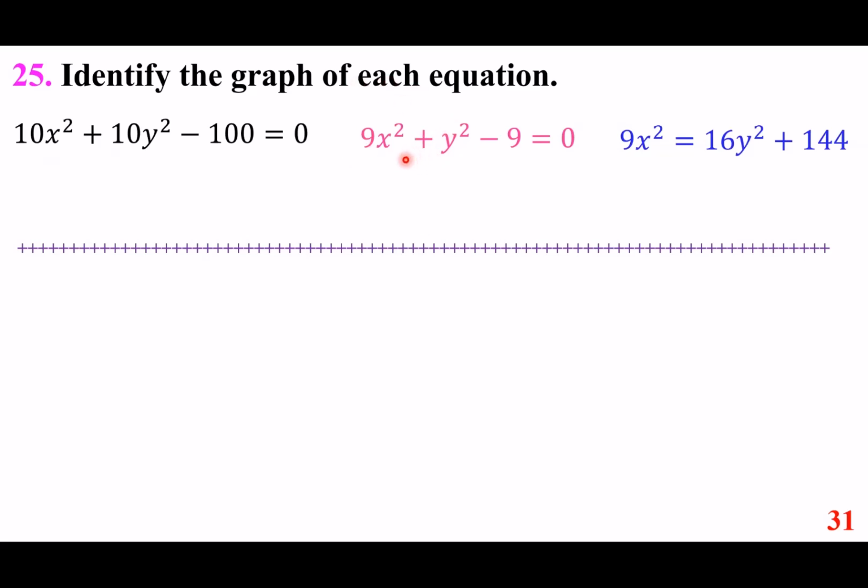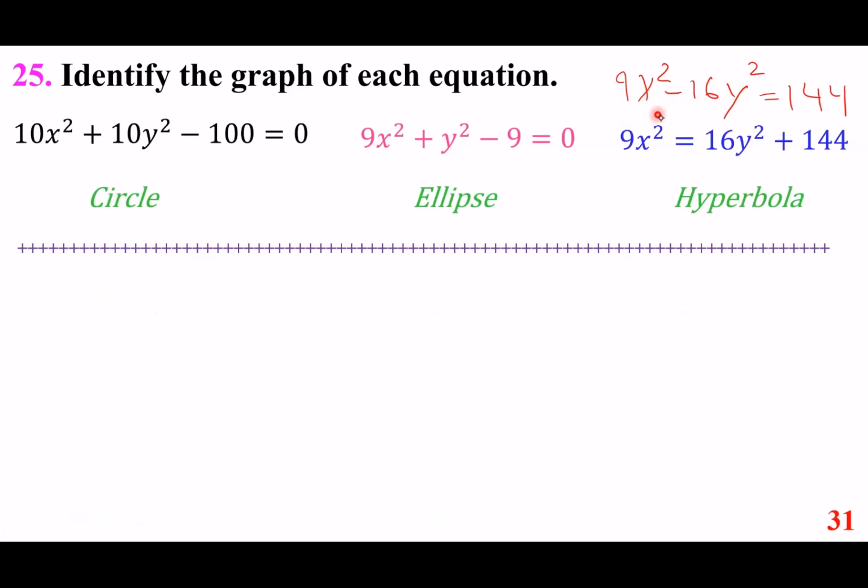Both of them are positive, but they are different. It's an ellipse. You can prove that. Since x squared and y squared have coefficients that have different signs, opposites, it's a hyperbola. Circle, ellipse, hyperbola. And you can prove that. How? Put them in standard form.